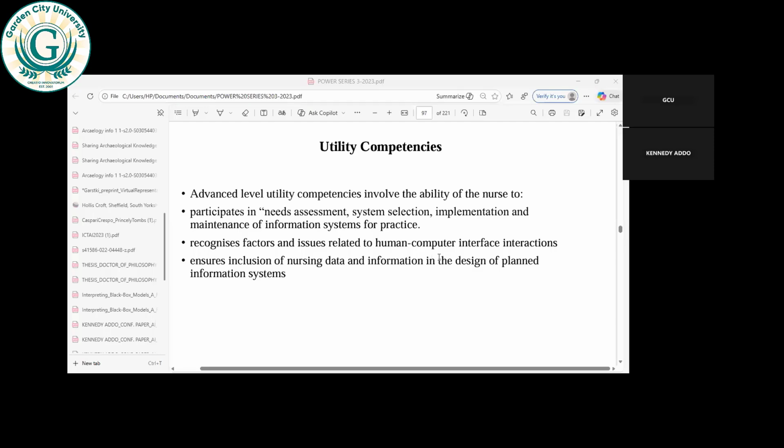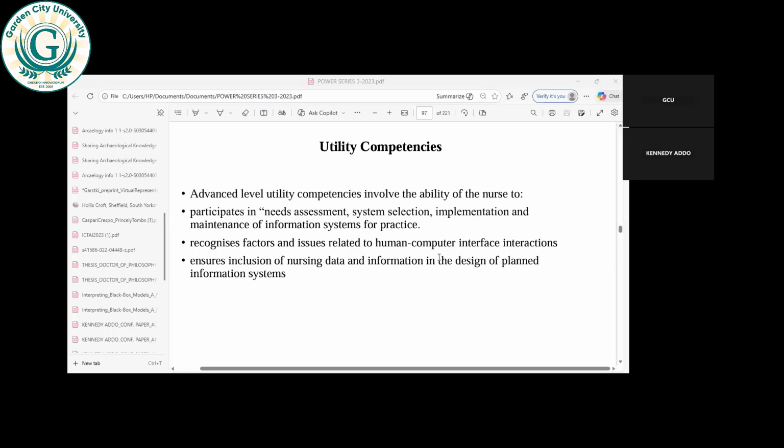Then you also do needs assessment. So needs assessment, very important. Then you look at system selection. So in terms of selecting your software and other relevant computer applications, you should be deeply involved as somebody who is advanced or who possesses that kind of inventiveness.